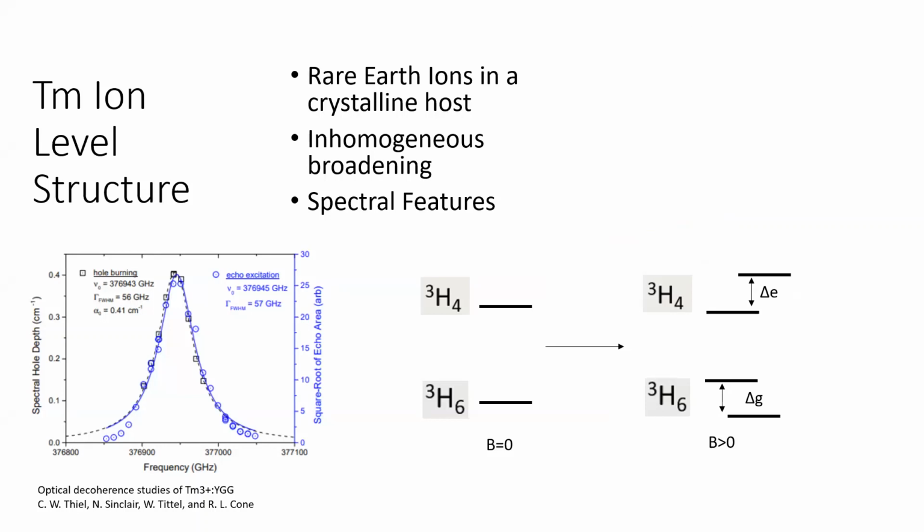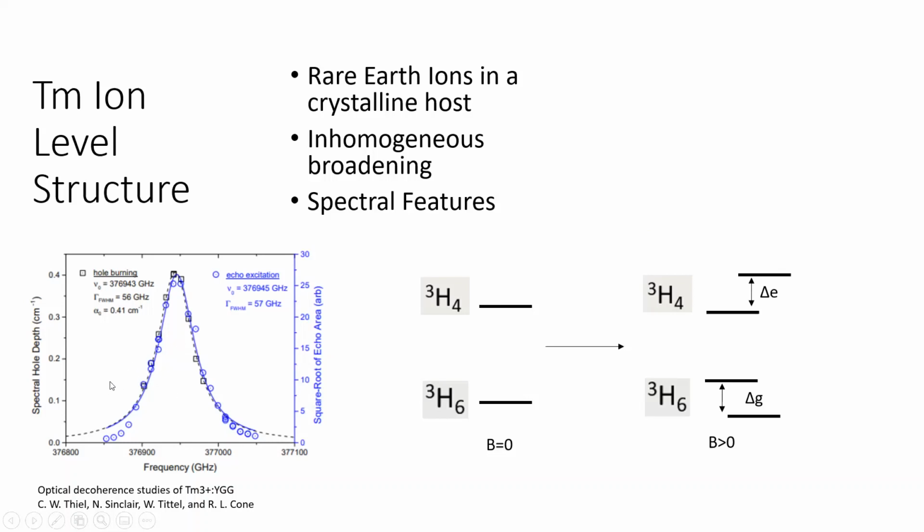Now, instead of working with, say, a trapped ion, where you have just a single atom floating in free space with its single transition energy, instead we're working with this huge ensemble, where each ion occupies a slightly different environment within the crystal. Now, each ion has its own transition between levels, say the 3H6 to 3H4 transition, but this transition energy can vary from ion to ion across the ensemble, creating a huge inhomogeneous broadening, which you can see shown in a picture here on the left.